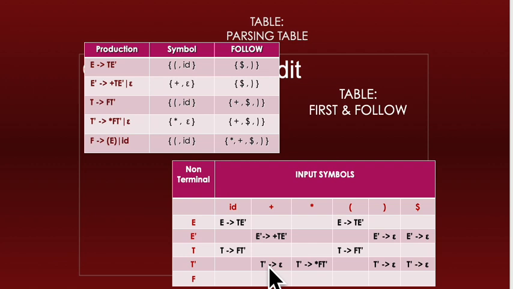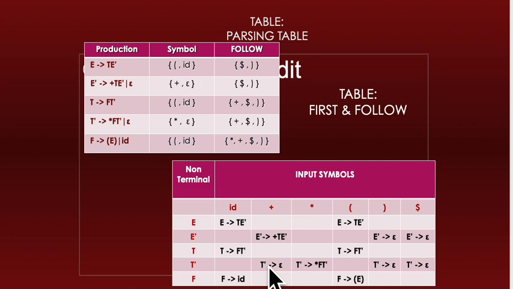And for F, first of F is open parenthesis and ID. We have two productions: F gives ID, and F gives open parenthesis E close parenthesis. So under ID we write F gives ID, and under open parenthesis, F gives open parenthesis E close parenthesis.